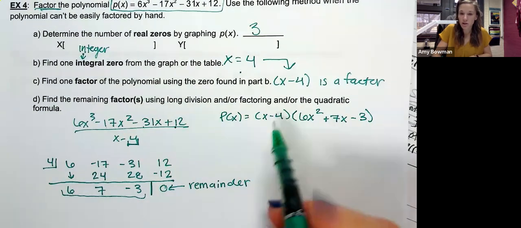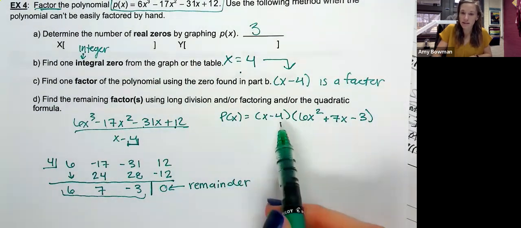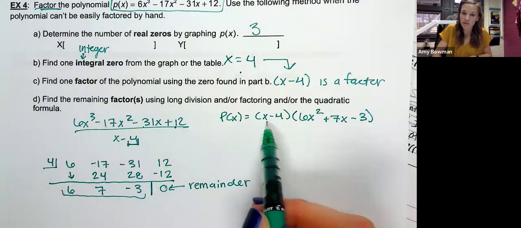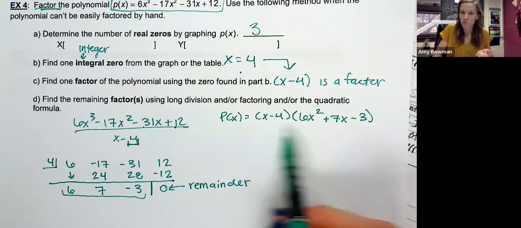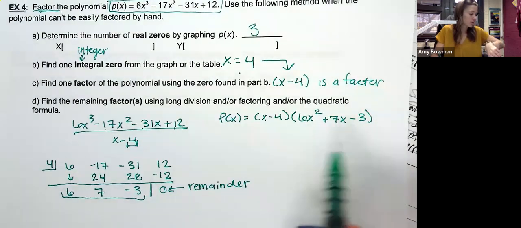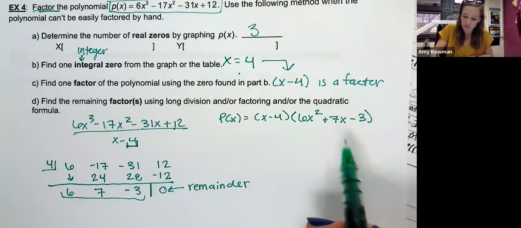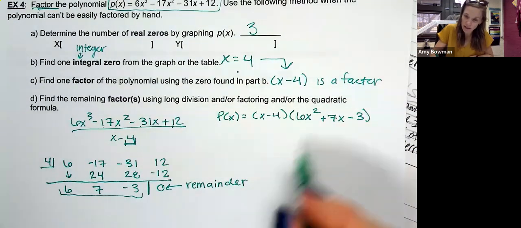So I've started factoring it, but I can continue factoring p of x. Now that I've factored out this linear factor and I'm left with a quadratic, now I can factor this quadratic because we know how to do that. So I will factor my quadratic down here.